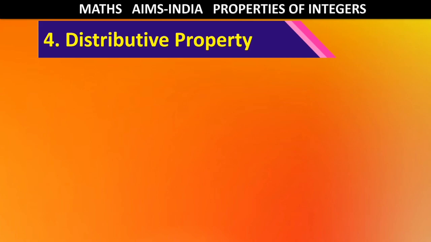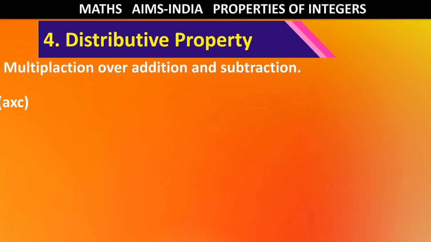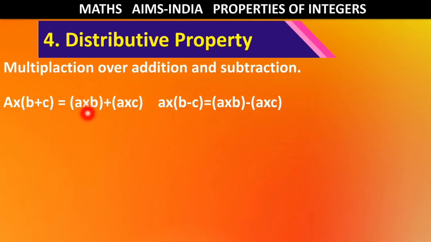When we have a into b plus c, we can solve this in two ways. First we can add b and c and then multiply with a, or we can distribute a among both the integers: a into b plus a into c.